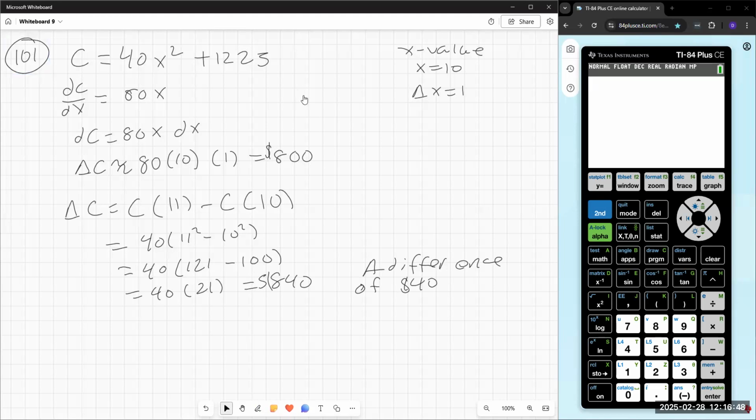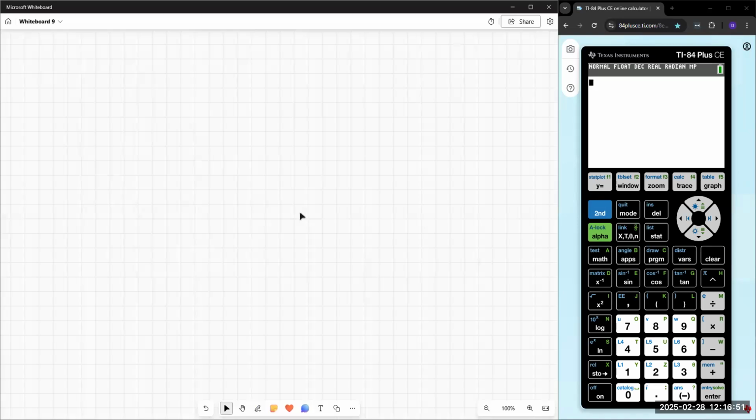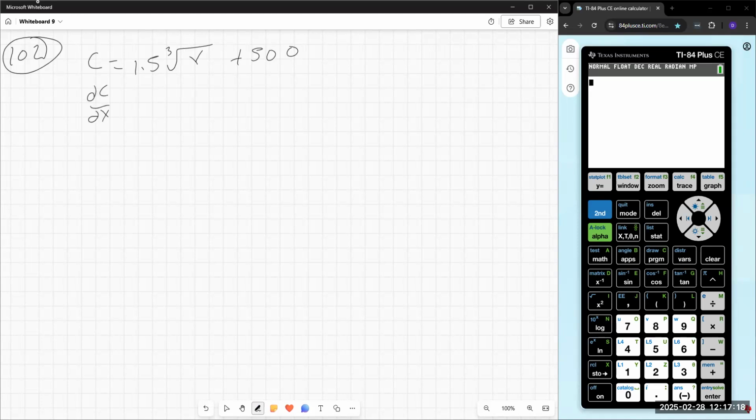Okay. Let's go ahead and look at 102. C is equal to 1.5 times the cube root of x plus 500. dC/dx is equal to a third of 1.5, which is 0.5, times x to the negative 2/3, plus 0.